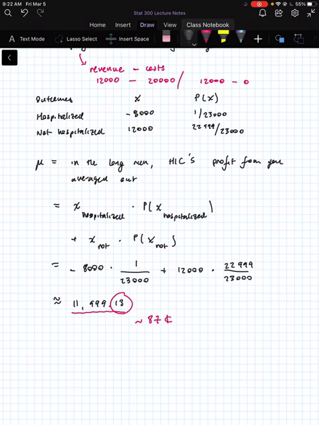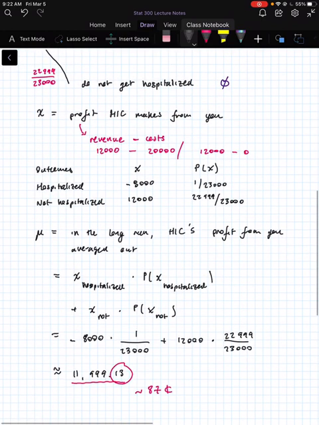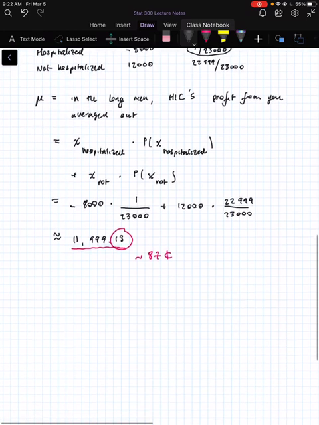So it would be better for the health insurance company for you to have a very low probability of being hospitalized versus not being hospitalized. And this is true for all sorts of other variables that they consider in taking you on as a customer.